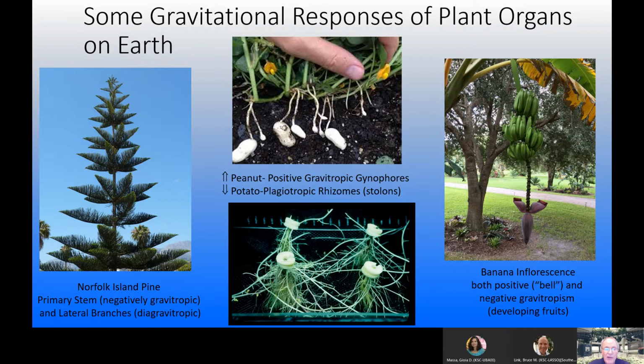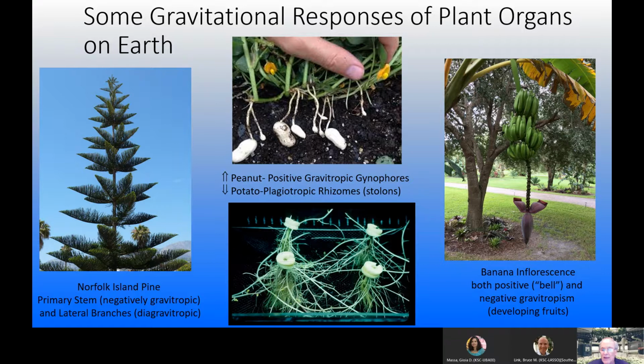So it depends on the organs. There are some shoot organs that are even positively gravitropic. If you see the center photo at the top, those are peanut gynophores. Those are the elongating components of the pollinated peanut flower, and then they go straight down the plumb line. So it's a shoot organ that's positively gravitropic.